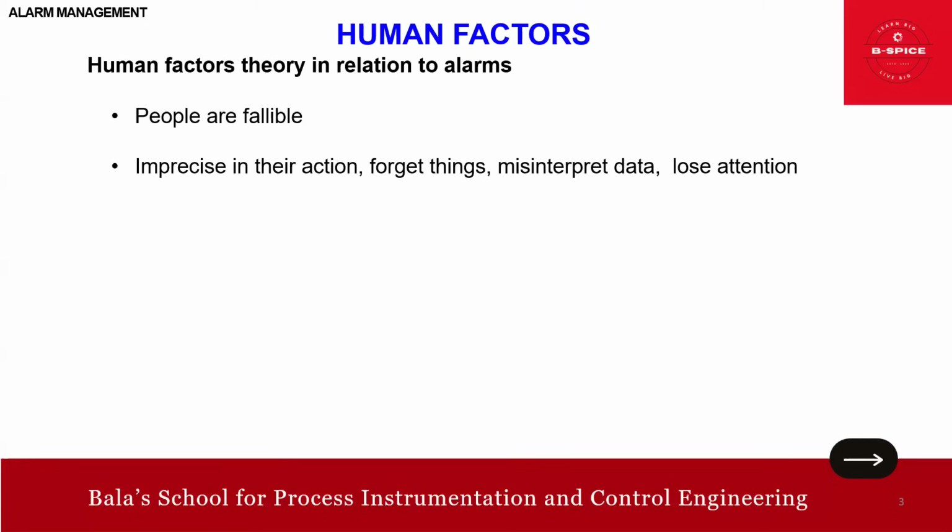Also, people can choose not to respond to an alarm. They notice the alarm, but decide either that no action is required or that the normal response is not appropriate. On the other hand, people have remarkable capabilities that have proven difficult to replicate with even the most sophisticated technology.